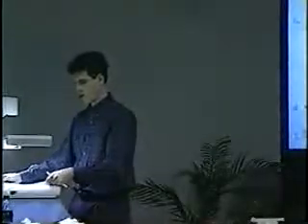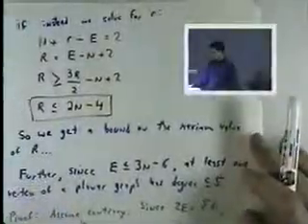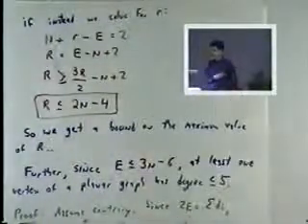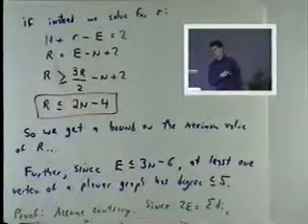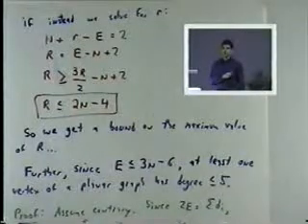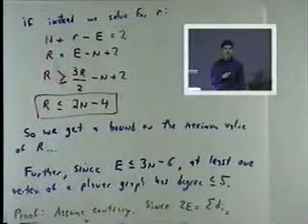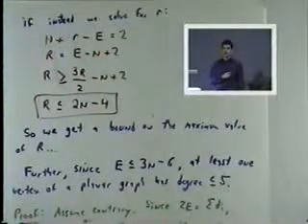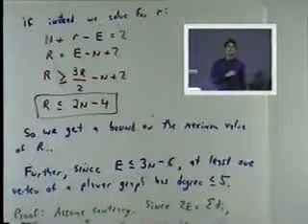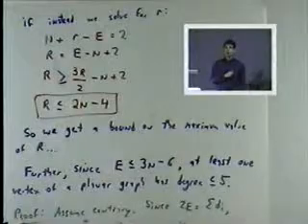Since we're trying to get rid of E, we can plug in E equals 3R divided by 2, minus N plus 2. Basically, we can solve for R to get something which is less than or equal to 2N minus 4. I can go into more detail on the algebra, but it's exactly the same idea as I described earlier.